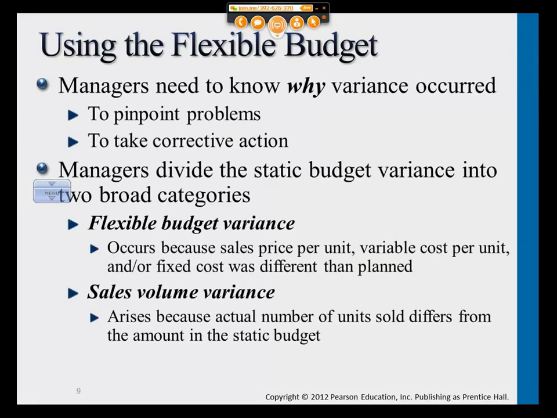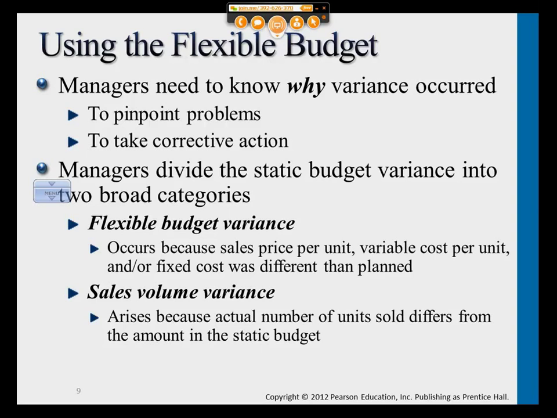So managers would need to know why variances occurred so that they can not only pinpoint the problems and take corrective actions, but also maybe to notice what affected a favorable change, right? And maybe increase the effect of it, okay?